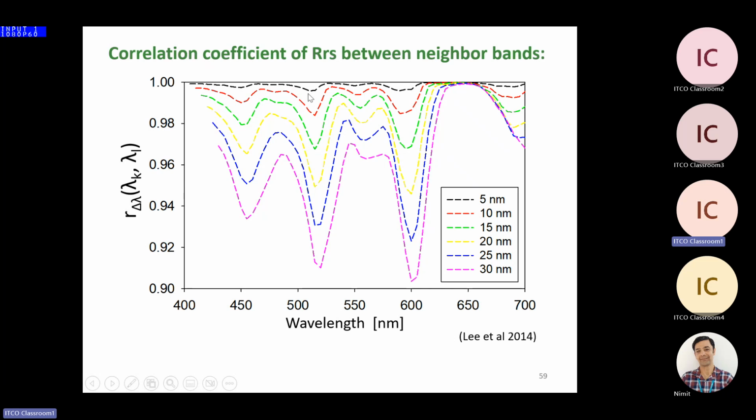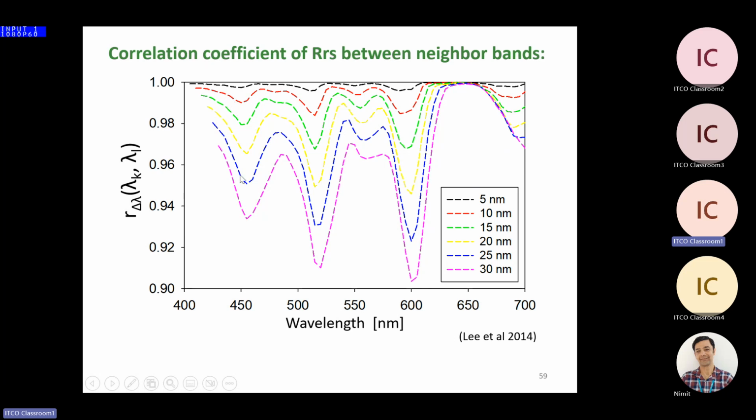So what this tells us is that for these many natural waters, the remote sensing reflectance from band to band, if the gap is just 5 nanometer, is highly correlated. Here it is 0.98, basically close to 1. Even at 10 nanometer, it's still highly correlated.